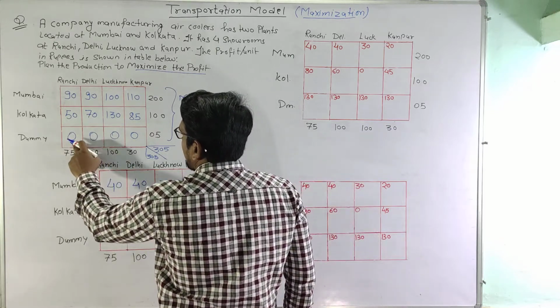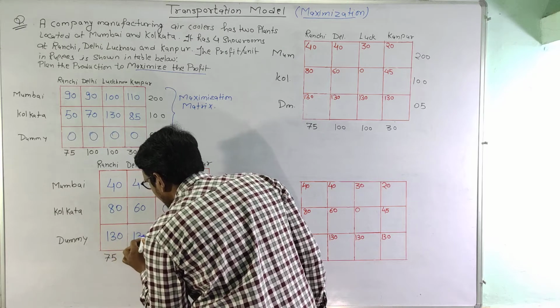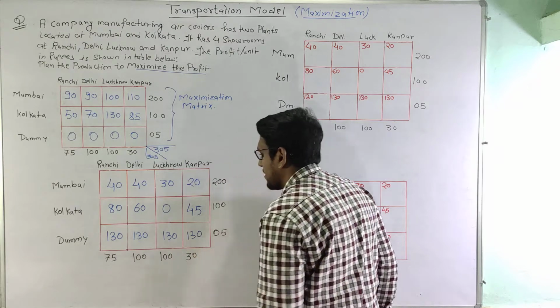And 130 minus 0 is 130. So all these values in the dummy row are 130.